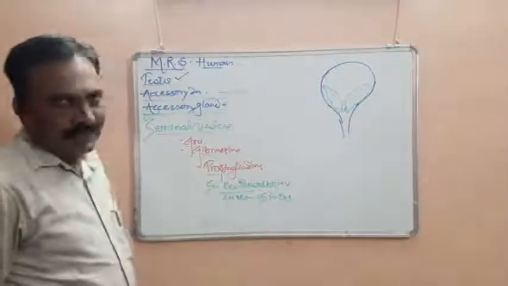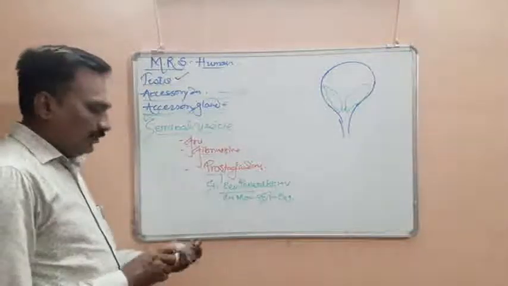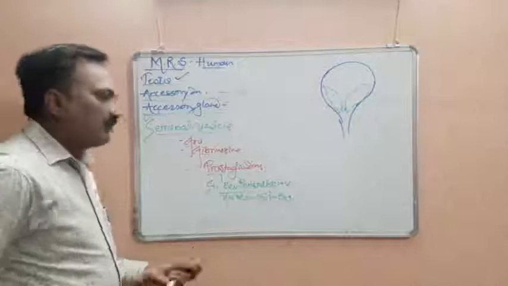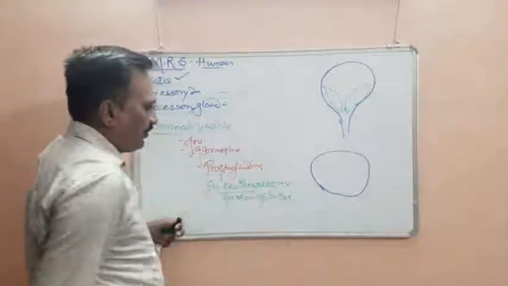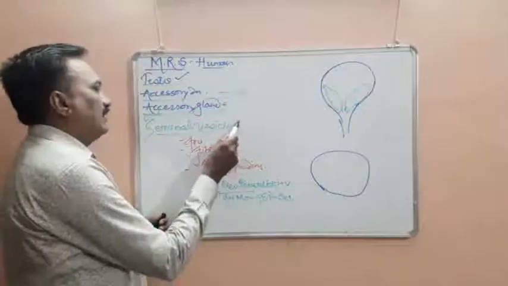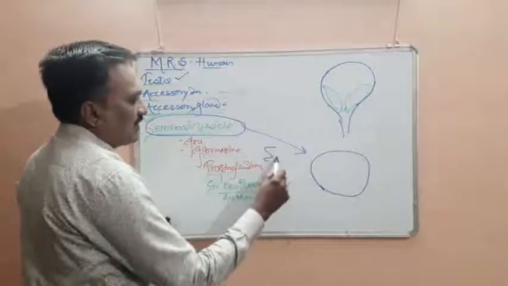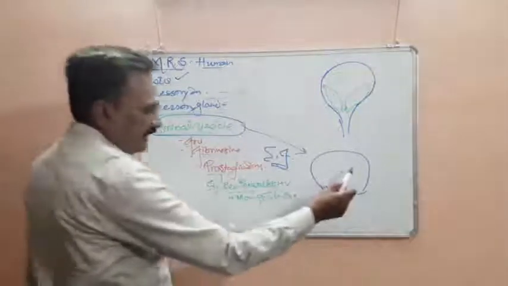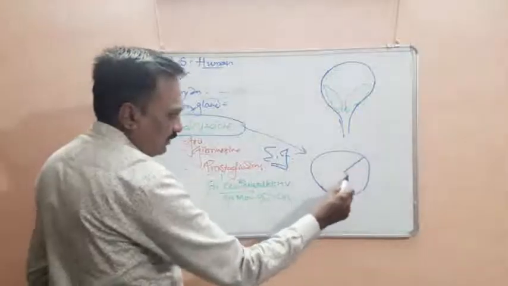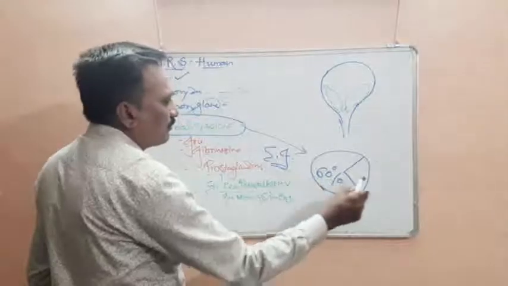prostaglandins. And what is the contribution of the seminal fluid in the total amount of semen ejaculated? Suppose this is the semen, and the seminal vesicle secretes the seminal fluid, and the seminal fluid contributes about 60% of the total volume of the semen.